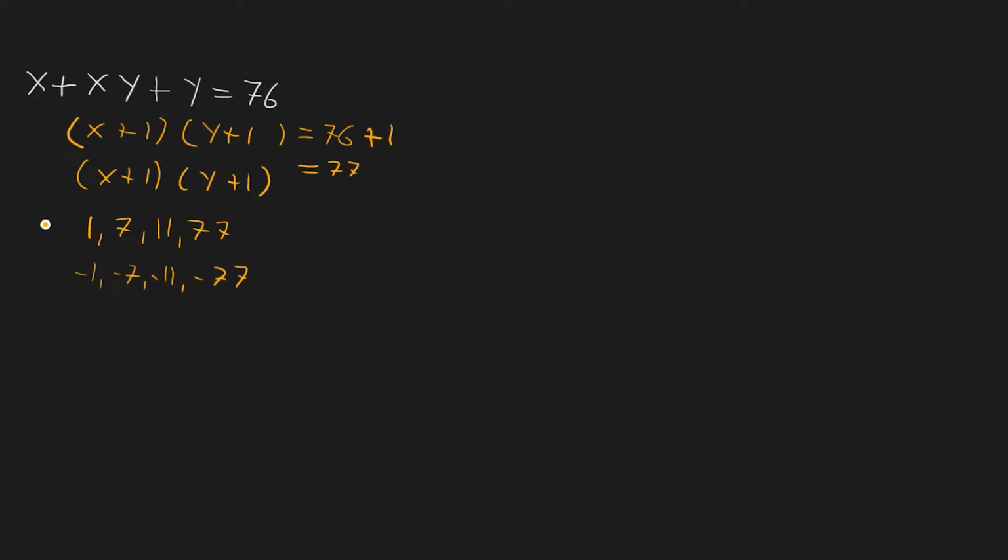So we know that x plus 1 could be equal to, let's say, 1, and then y plus 1 would be equal to 77. We also know that x plus 1 could be equal to 77, and then y plus 1 would be equal to 1.